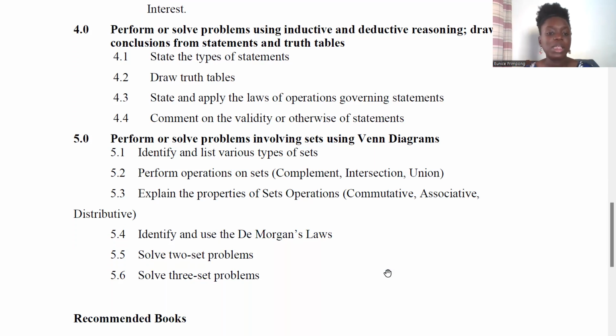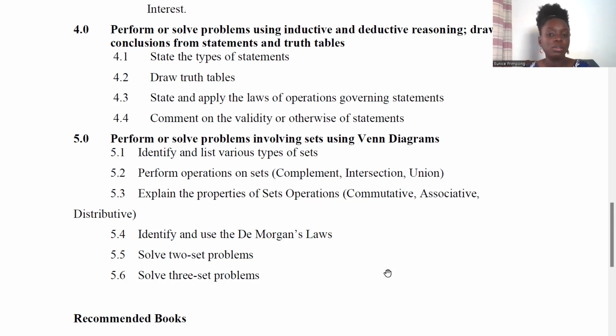So the first point is we identify and list the various types of sets, and then we'll perform operations on sets such as complement, intersection, the union, and then we'll move on to explain properties of sets. We have commutative property, associative, distributive, and then we'll identify and use a law that is very popular in studying sets, known as the De Morgan's laws.